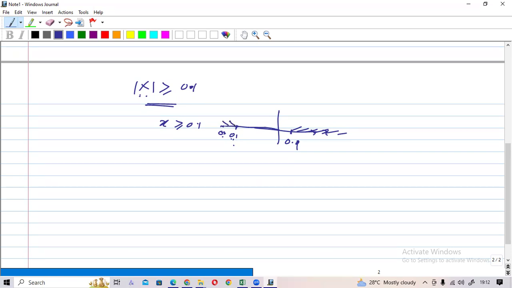So this area is also included. Both sides will be included. If it is less than, that means this area. Here also the magnitude is there.